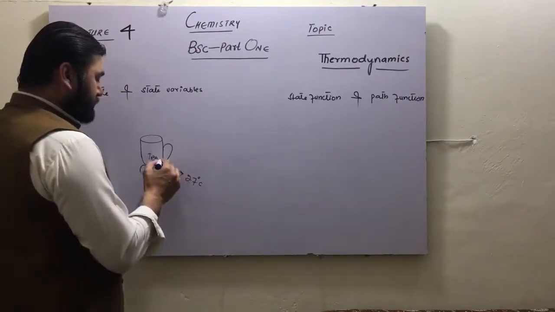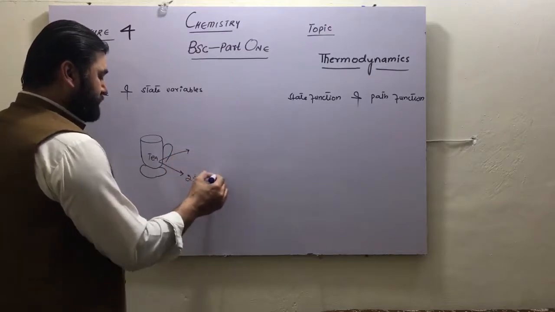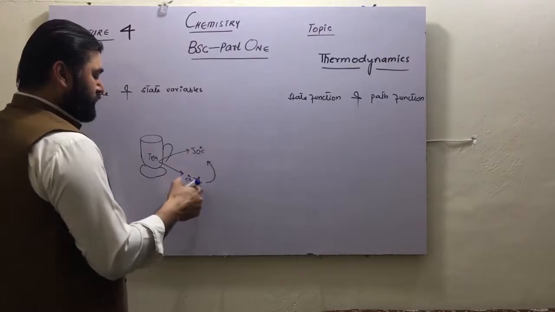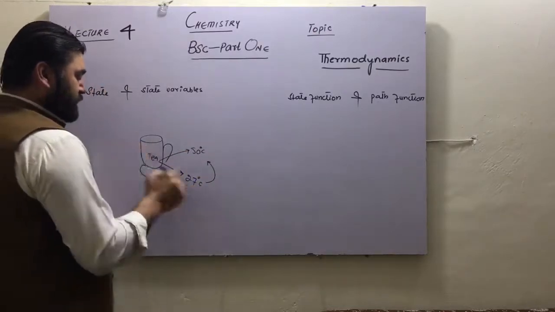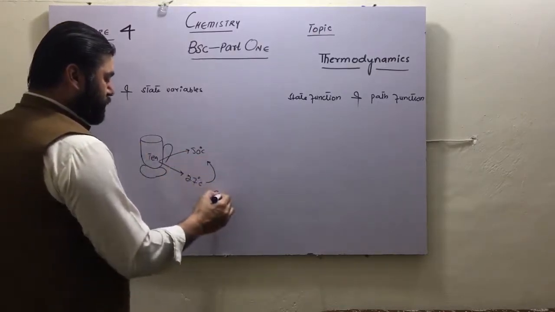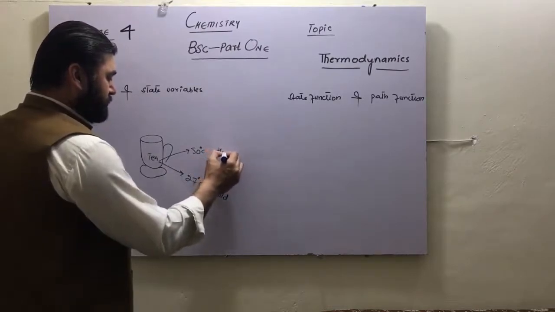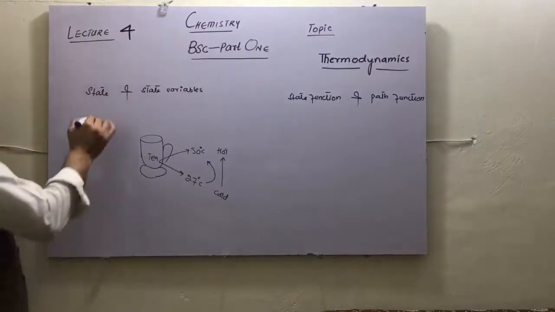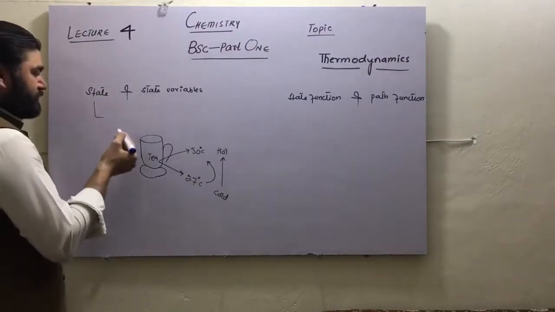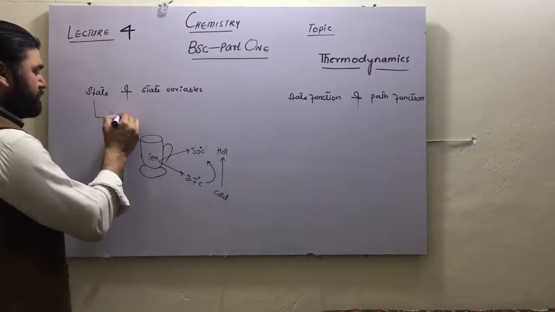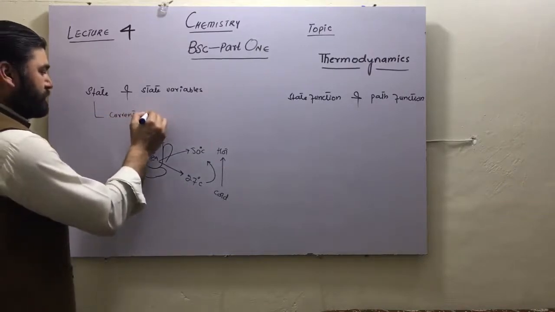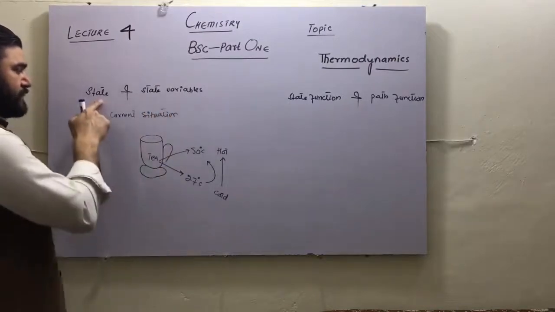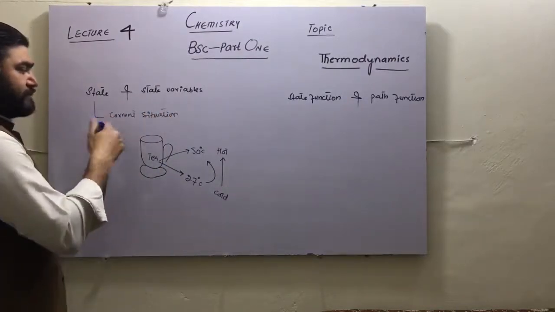If you want to increase its temperature from 27 to, we can say, 50 centigrade, we are going to increase the temperature of this tea from cold to hot. We are changing its state. State is just the current situation of a system. State means the current situation.